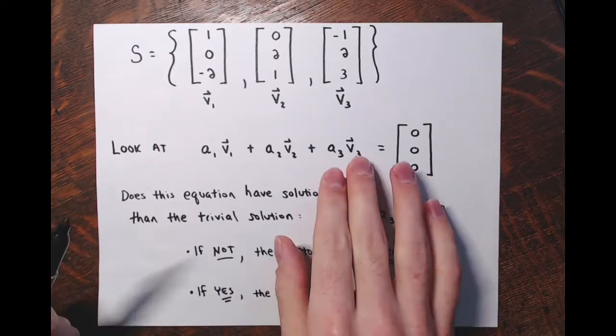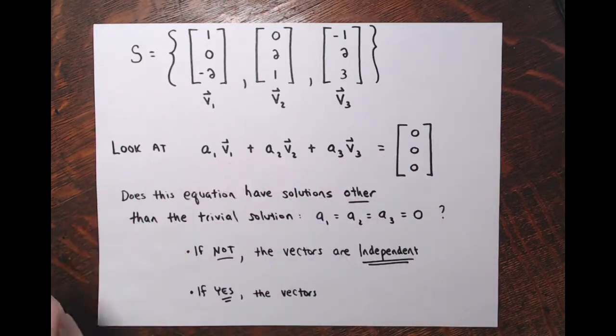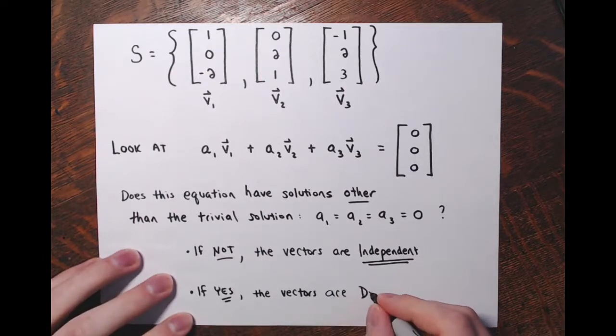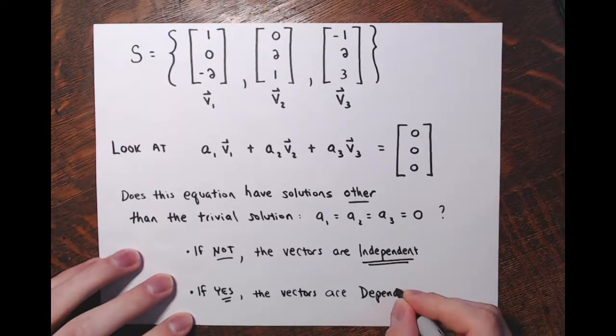So one of these vectors depends on the other ones, maybe some of the other ones. So the vectors are dependent.